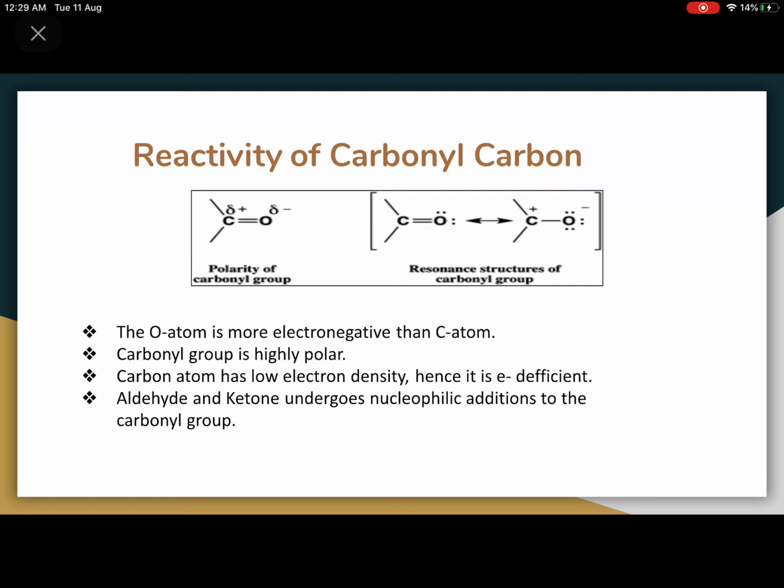An electrophile, which attracts the nucleophile. So aldehydes and ketones undergo nucleophilic addition to the carbonyl group. The electrophile is electron deficient, and nucleophiles are electron rich. So a nucleophile can easily attack the electrophile.